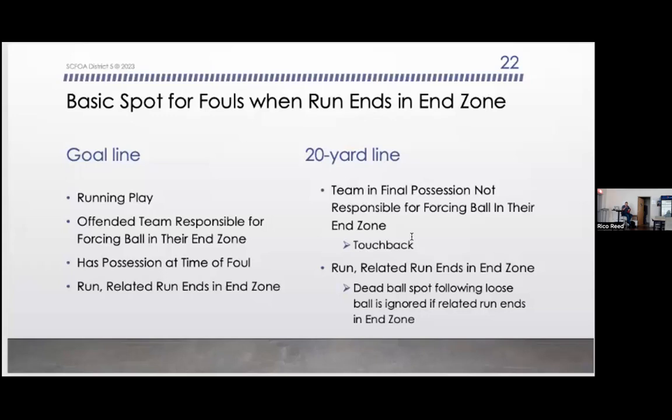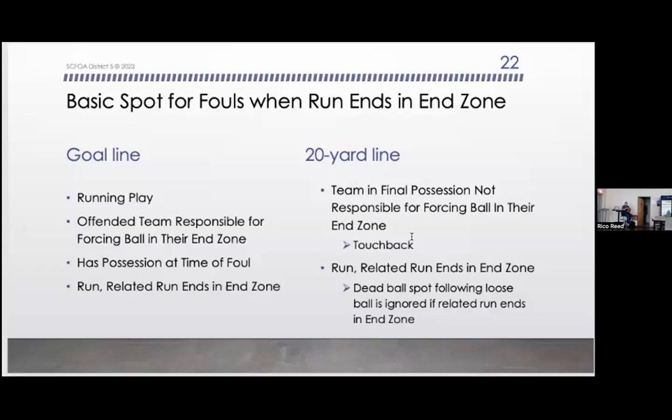Figure that out first, then figure out the type of play, whether a running play or a loose ball play, and then try to figure out the enforcement spot. You got to know the result of the play and the type of play before you can even begin to sort out goal line versus 20-yard line.